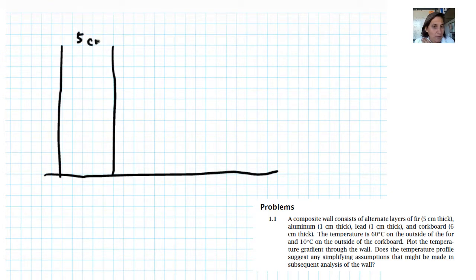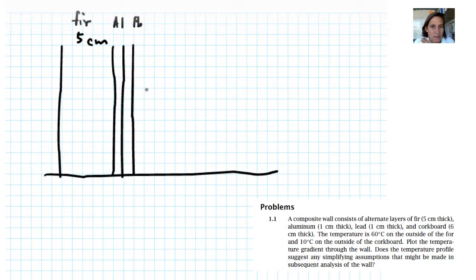So we have 5 centimeters of fir, which is a wood, and then that is next to aluminum, which is only 1 centimeter thick, which of course we know is a metal, and that's next to lead, also 1 centimeter thick, and then that is next to 6 centimeters of cork, also a natural material, like wood.